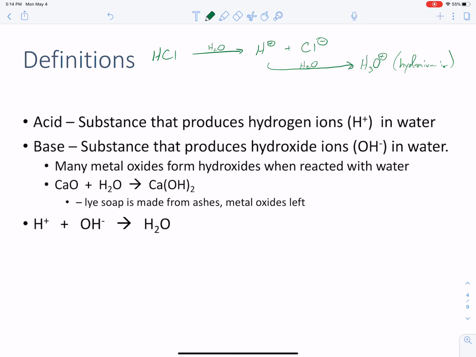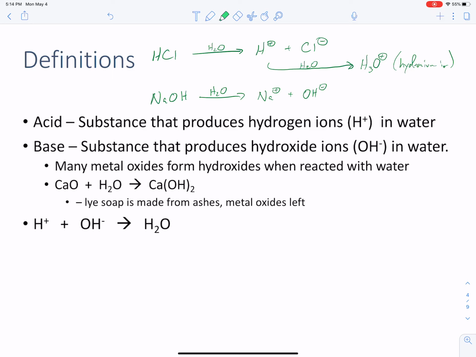A base is something that produces hydroxide ions in water. So if we go back to the standard sodium hydroxide, if we take sodium hydroxide and we dissolve it in H2O, then you get Na plus, which is perfectly content just existing like that, plus OH minus.